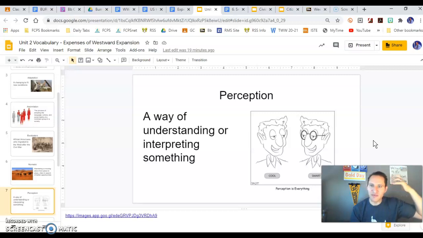And with the idea of manifest destiny coming around, that we have the right to go from coast to coast, ocean to ocean, there are going to be some obstacles to overcome. But with new inventions like barbed wire and the steel plow and sod houses and cattle raising and ranching, some of these things are going to be overcome because we have to have a new perception. We have to look at things differently and change our way of life.